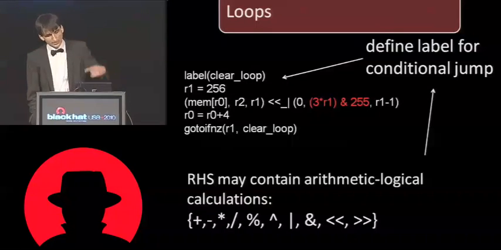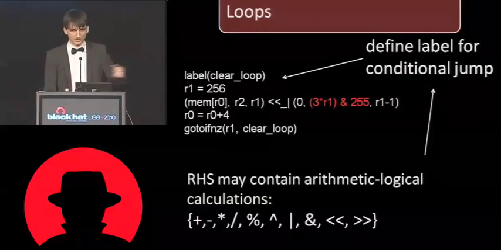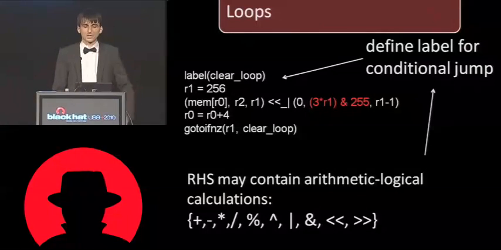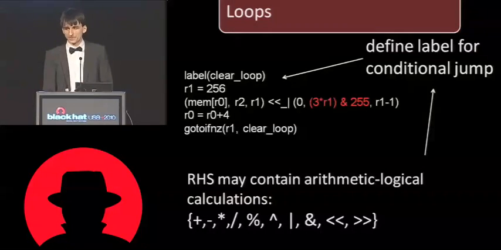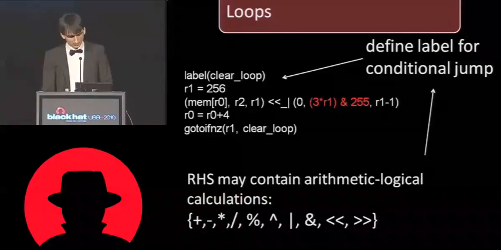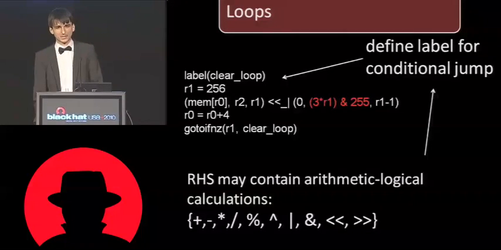So what you do is you assign a range of memory of 1024 bytes to 0, so you just clear a range of memory, and at the same time you compute multiples of the register R1, which is basically going down from 256 to 1, and you compute that in the register R2.